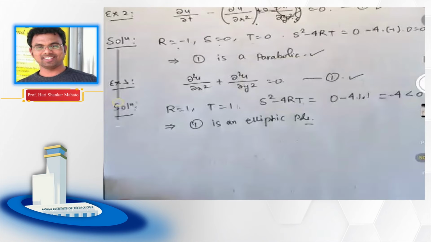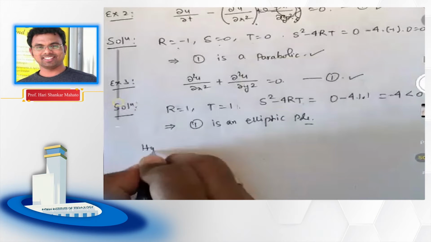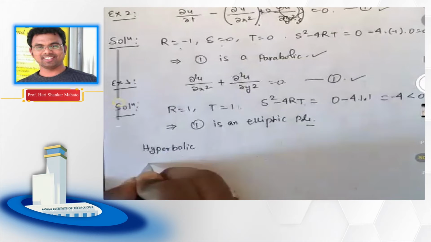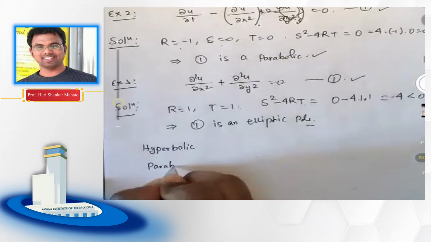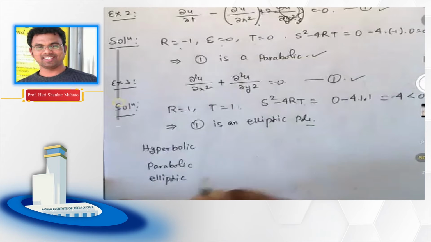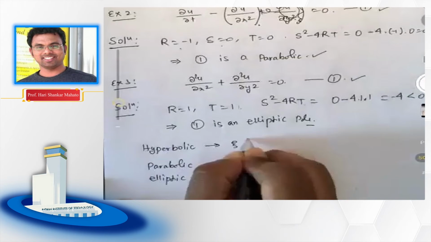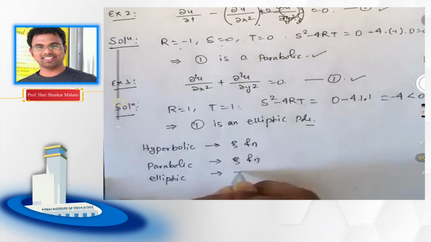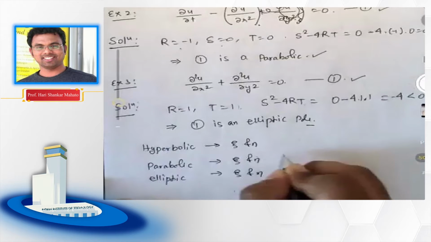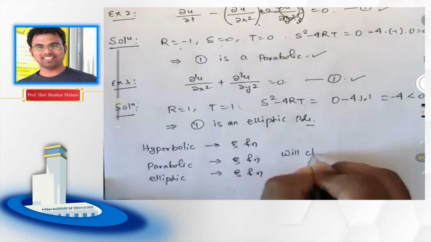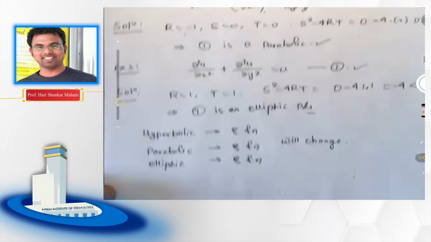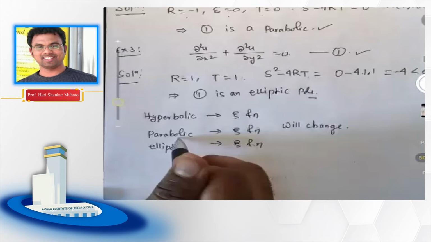Now, based on whether it is hyperbolic or parabolic or elliptic, the way to find xi and eta will change. So we will learn how to find xi and eta for every type of these PDEs.